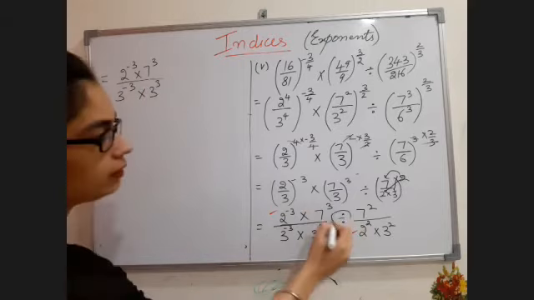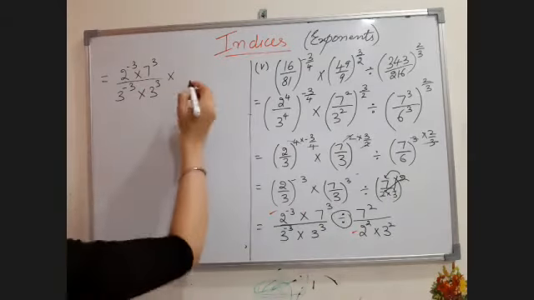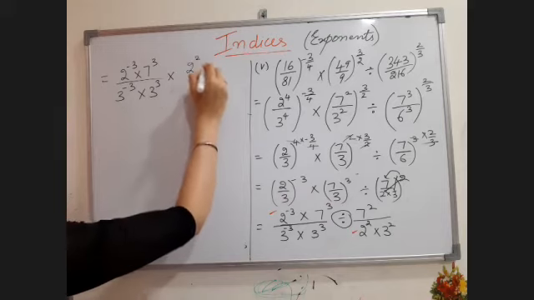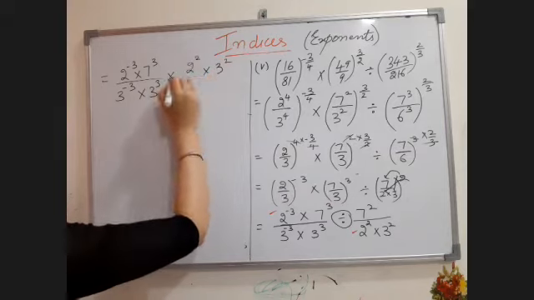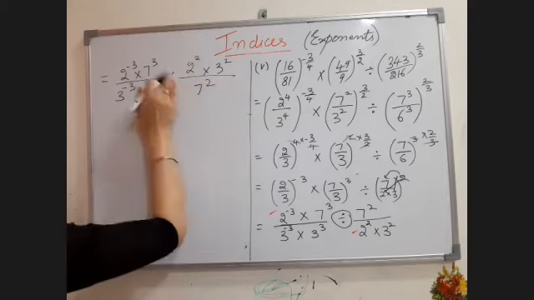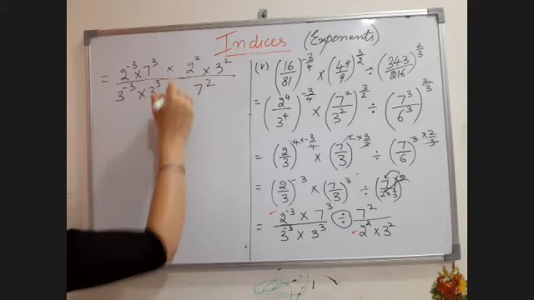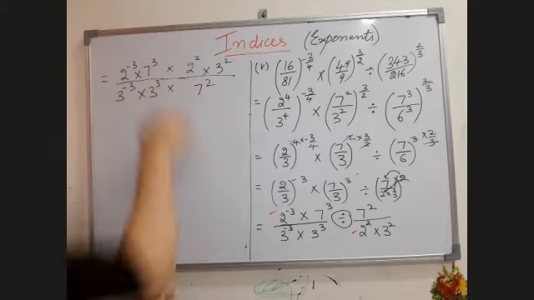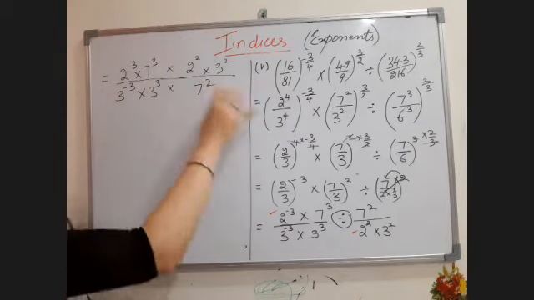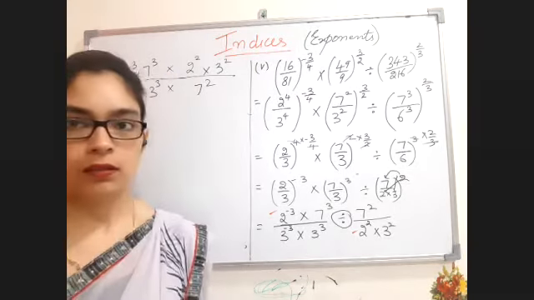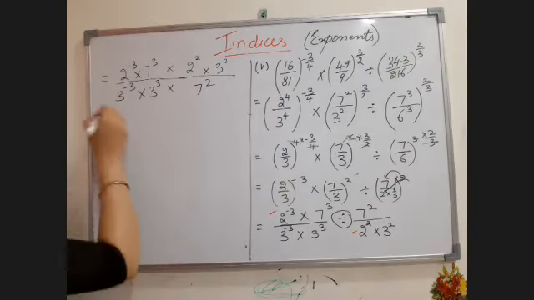So this division we can change into multiplication and it will become 2 to the power 2 into 3 to the power 2 by 7 to the power 2. Now all the numbers in the numerator are getting divided by all the numbers in the denominator.